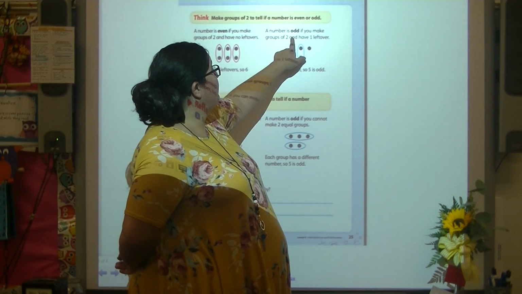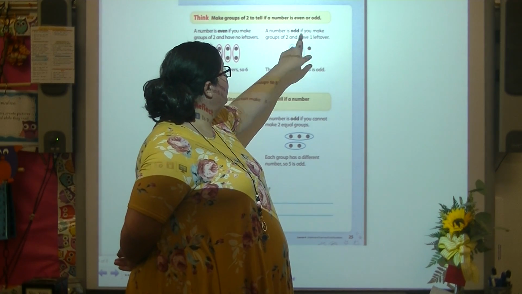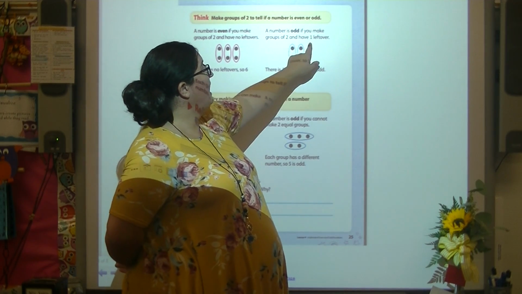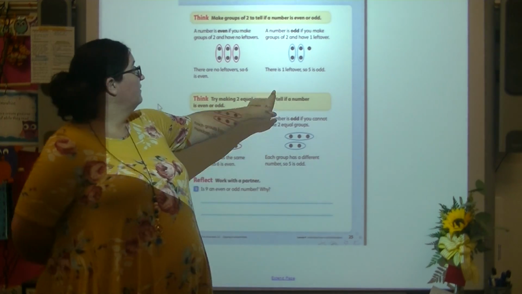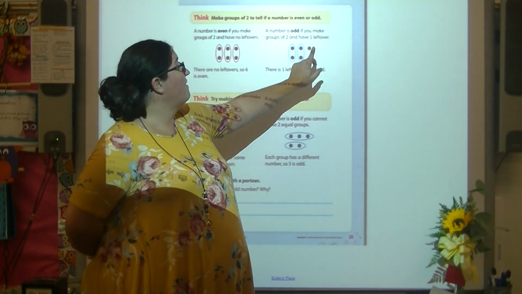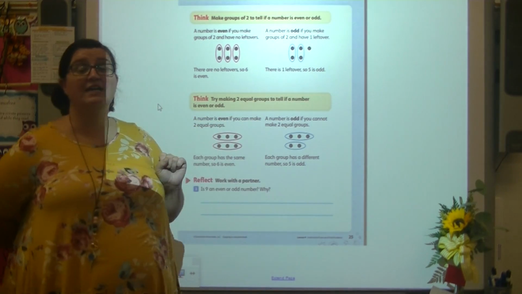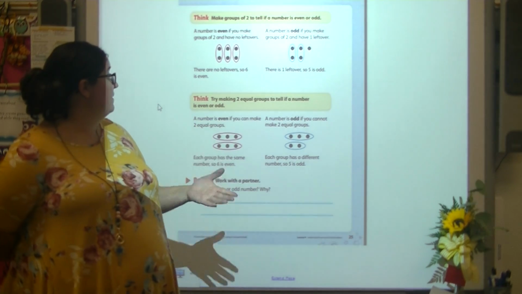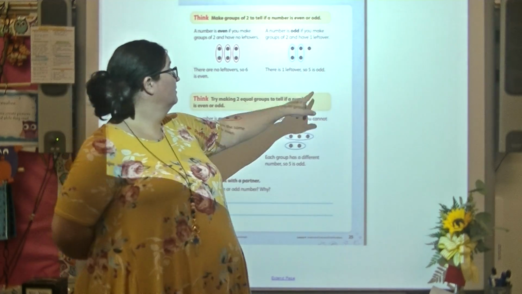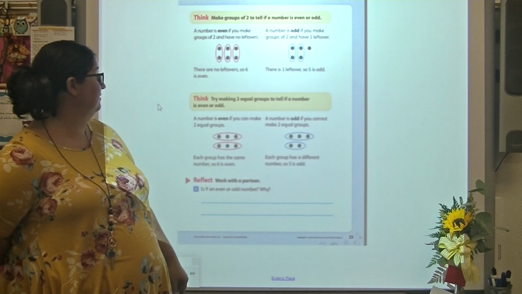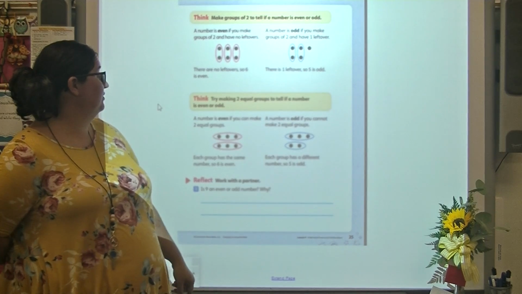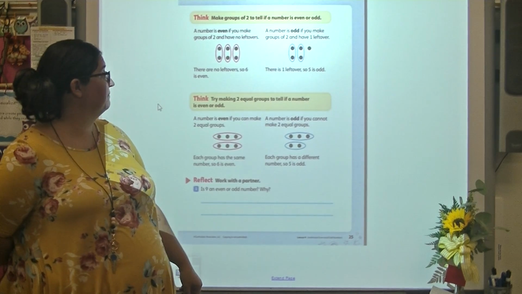Now, a number is odd if you make groups of 2 and have 1 left over. There is 1 left over, so 5 is odd. So if you make your groups and have 1 left over, it doesn't work. It's odd.